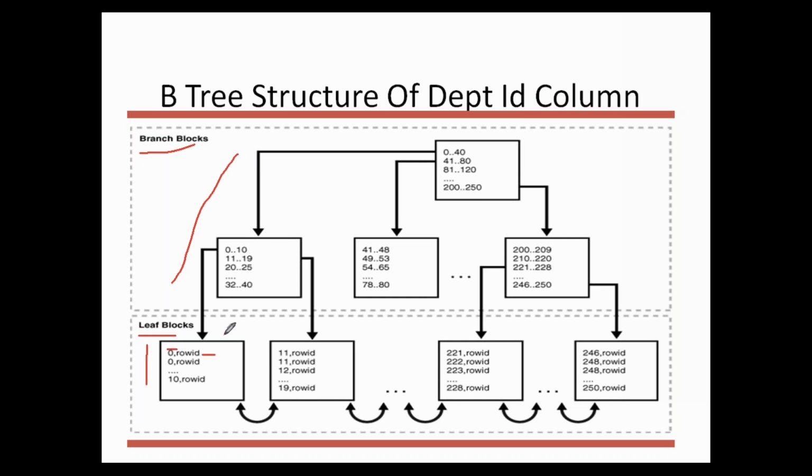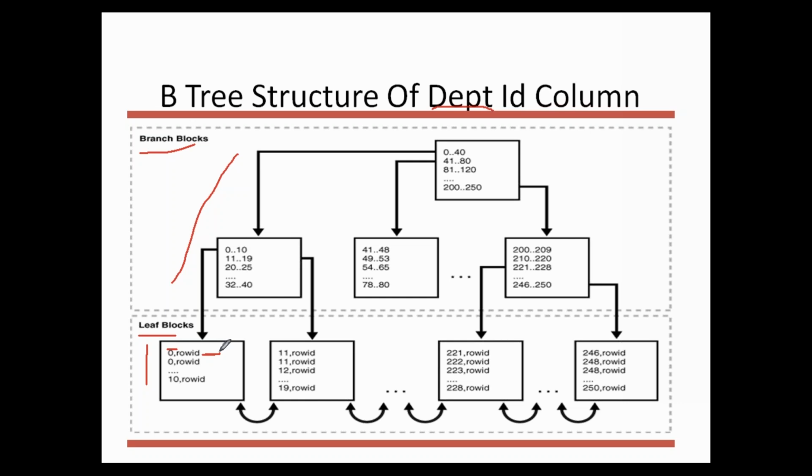This is one example where an index is created on the department ID column in the department table. The actual values are stored in the leaf block, and the row IDs are available along with the value of the department ID, which is used to access the data from the table.